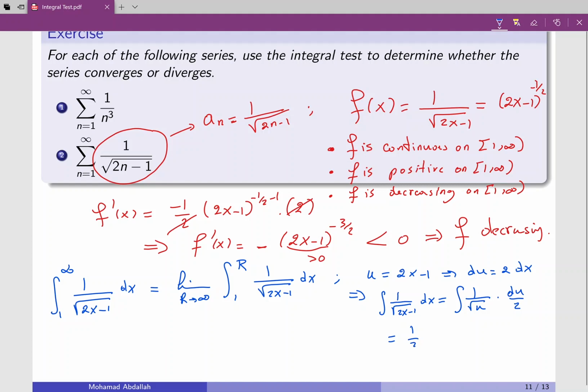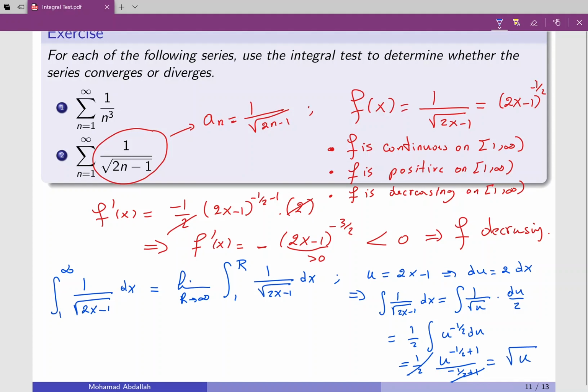So this is 1/2 the integral of u to the negative 1/2 du, which is 1/2 u to the power negative 1/2 plus 1, over negative 1/2 plus 1. So negative 1/2 plus 1 is 1/2, which cancels with this, so the answer is radical u.